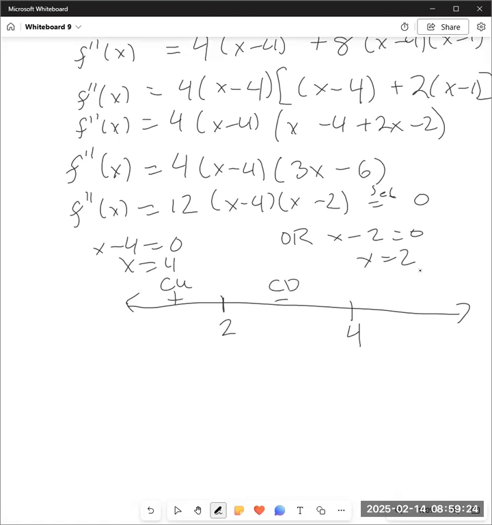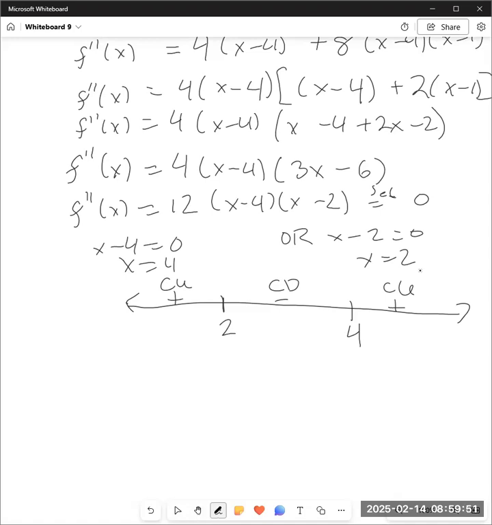It's concave down. And something greater than 4, like 5, will be a positive times a positive times a positive, which will be a positive, and this is concave up. So we have our intervals for concave up and down.